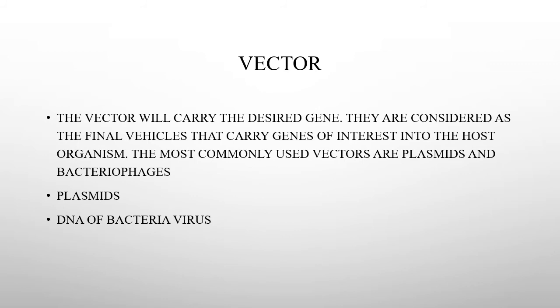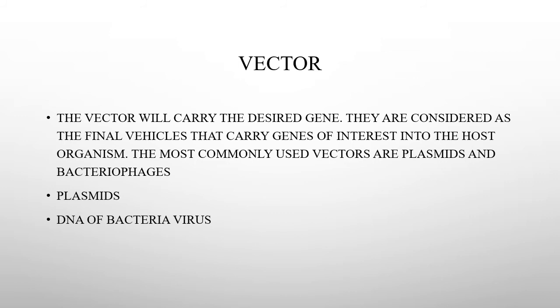And the other vector can be the DNA of bacterial viruses. The DNA of a bacterial virus can also be used as a vector. For example, a lambda phage attaches to a host bacterium. The recombinant DNA is released from the virus and enters the bacterium.